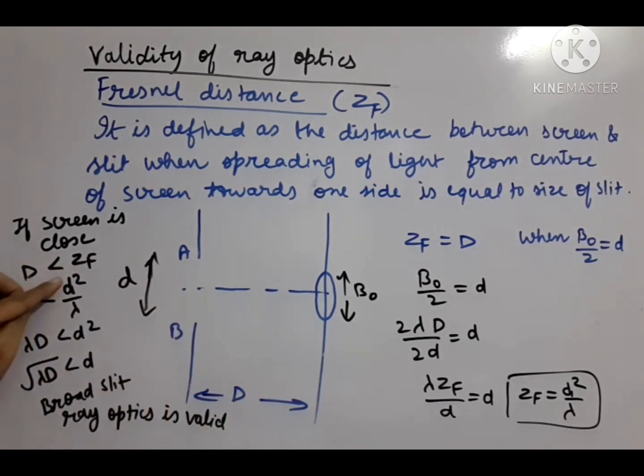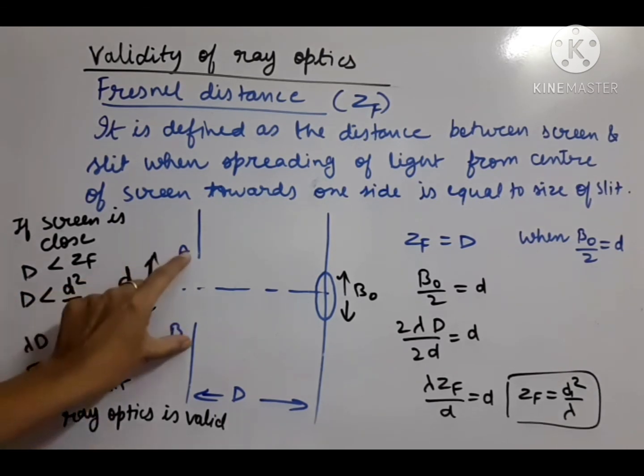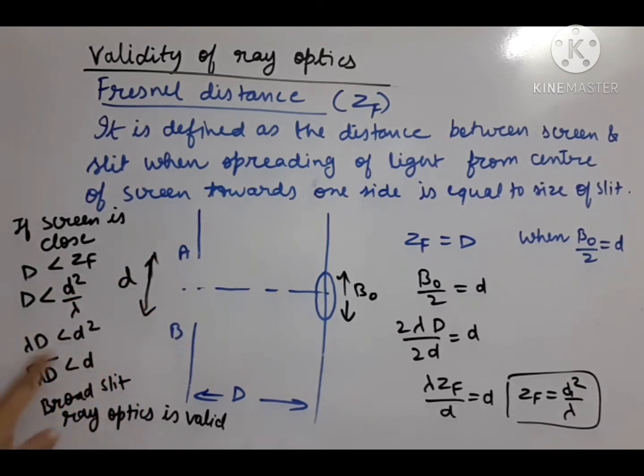So D is less than what? The Fresnel standard distance, d square by lambda. So this way our slit width will come greater than some standard term. If this is coming greater, that means it is a broader slit, so ray optics will be valid. So this way our optics topic is completed. We'll practice some numericals next.